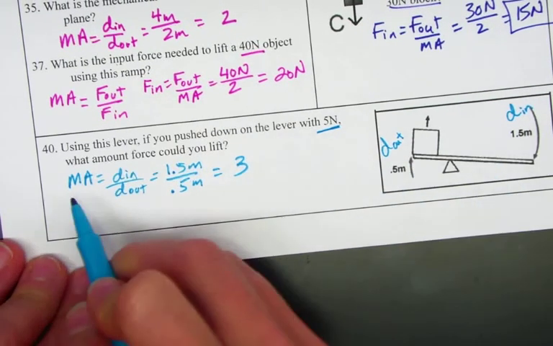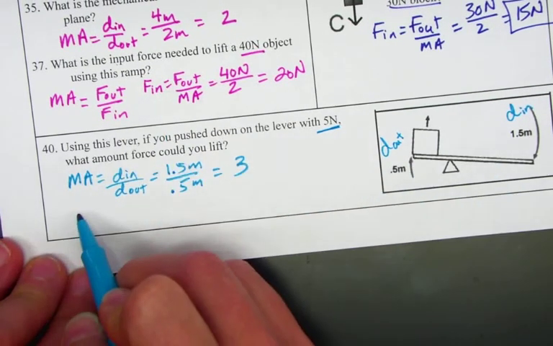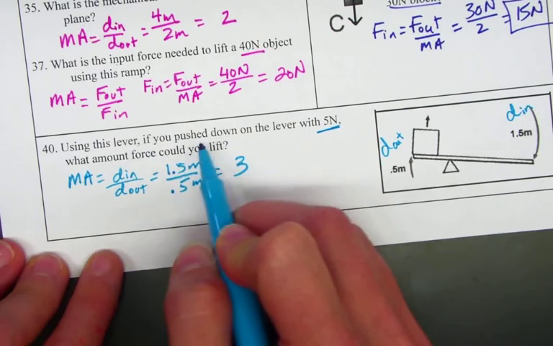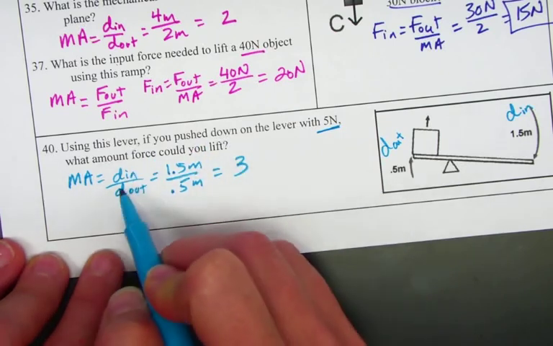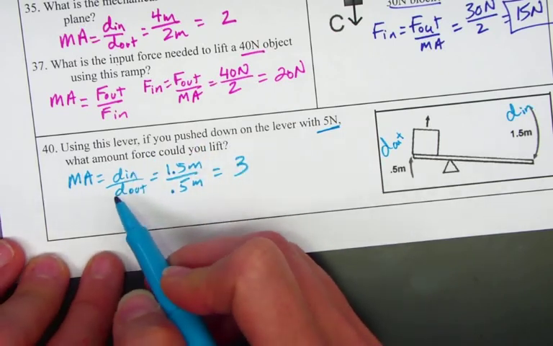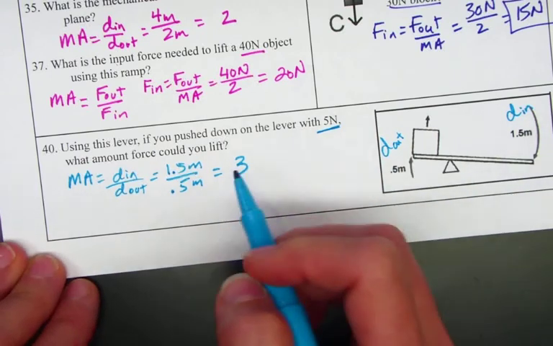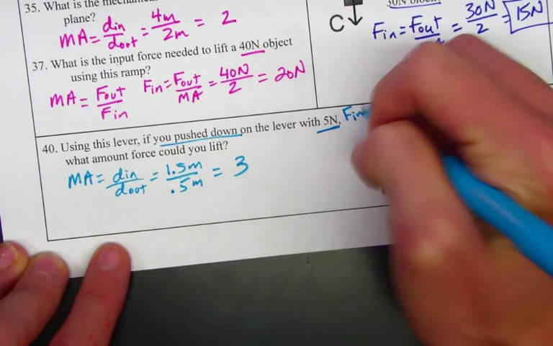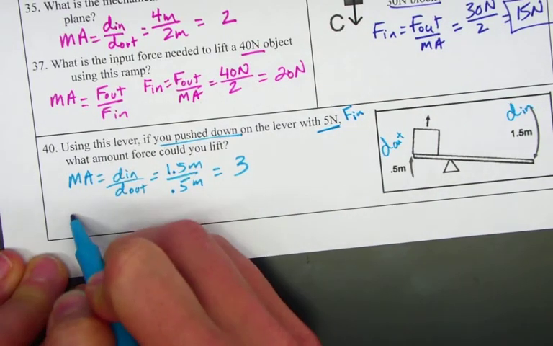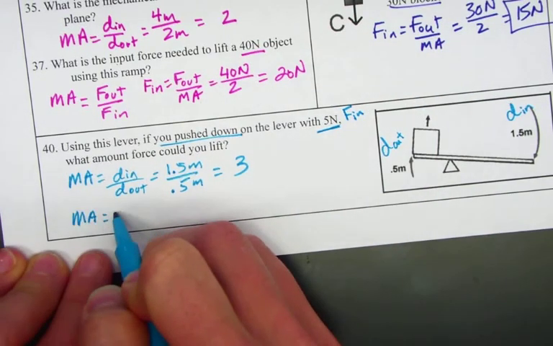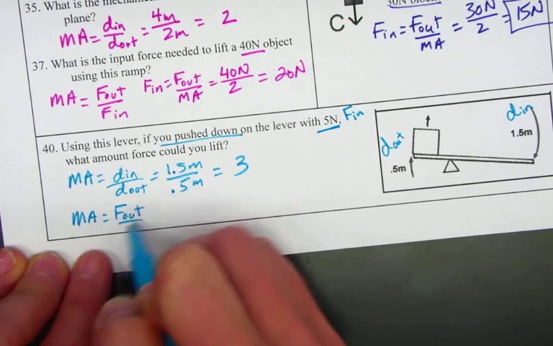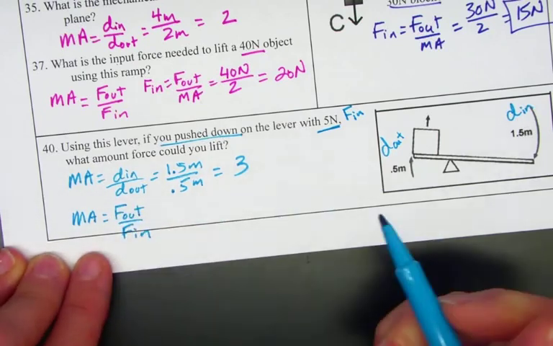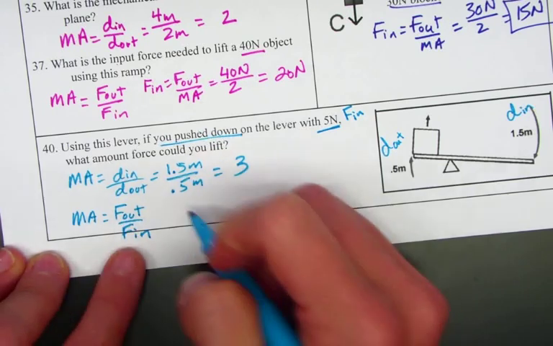And then once we know that, we know if we push down, oh, here it looks like we're looking for the output force, right? Because we're pushing down, so this is the input force. So we know mechanical advantage equals the output force over the input force, and we want to solve for the output force.